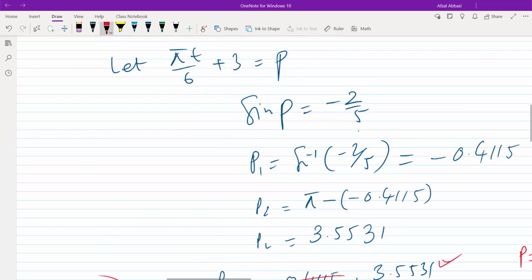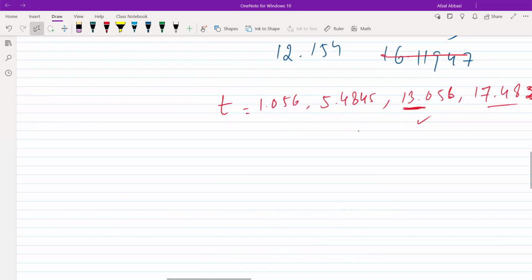So we have to write in minutes, to the nearest minute, and the time of the day. So from midnight to midday, it is 12. And then how much more is there? 13 means 1 hour has passed after midday. So in the 24-hour clock, 13.056 hours is the total time.